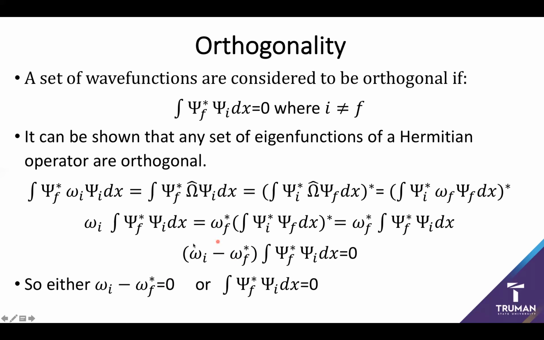However, if I'm dealing with a system where these are different eigenvalues, well, then congratulations, this integral has to go to 0. And this is really what we're showing with orthogonality, is that this integral should go to 0 as long as i doesn't equal f.